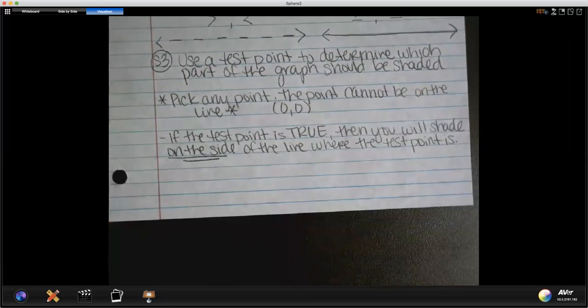Whatever test point you pick, you're going to shade on that side of the line where the test point is.